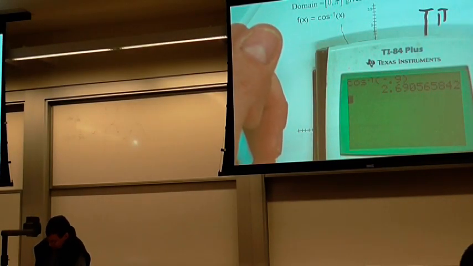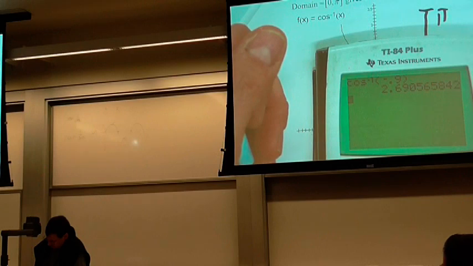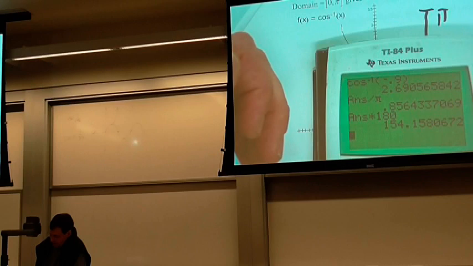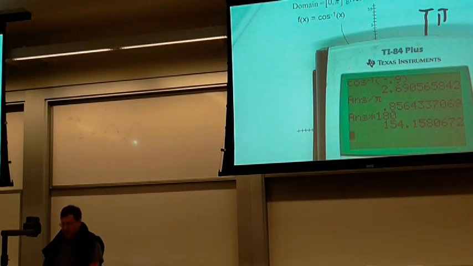So if I divide that by pi and multiply it by 180, I get degrees. Again, as when I was discussing the sine and cosine functions, you have to be careful about which mode you're in. In the case of the inverse functions, your input isn't going to change, but your output will.